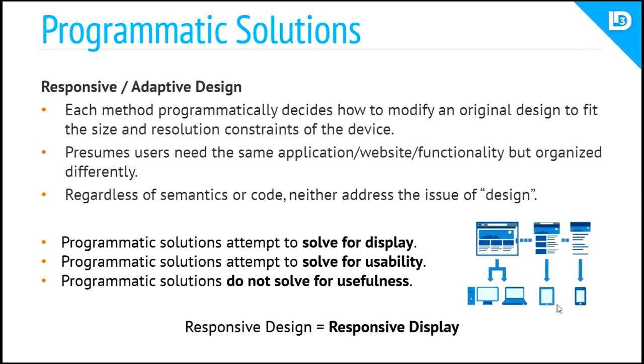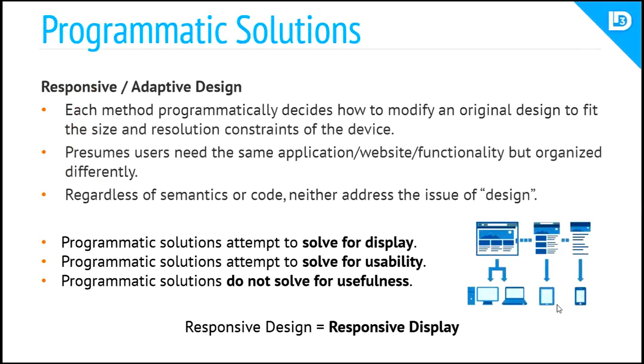But because it's a programmatic solution, it needs to presume that the user needs basically the same sort of thing, same access to the application, the same breadth of functionality, but organized differently.